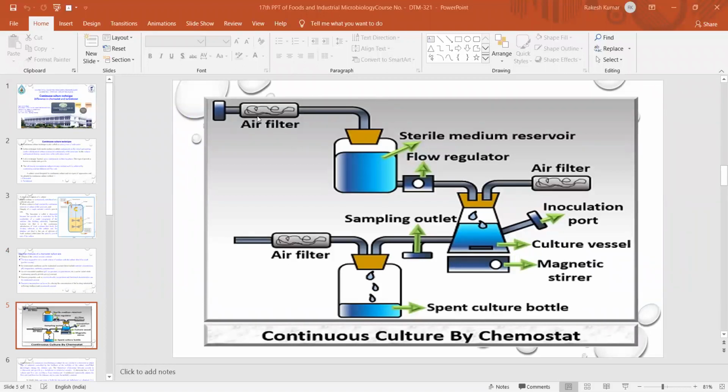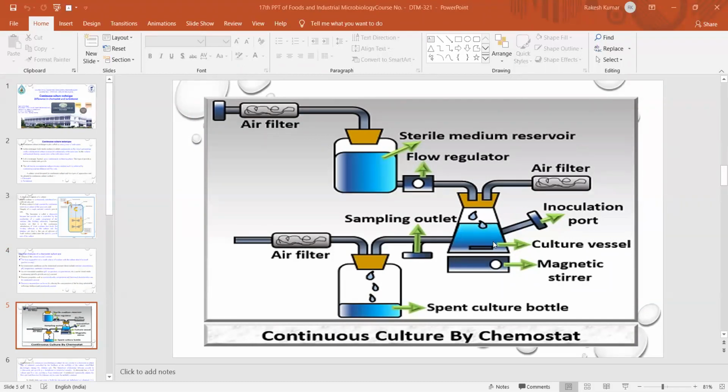So an air filter is there. Whatever air you are taking inside the chamber should be free from any sort of contaminating microorganisms. Sterile media is there. A flow regulator you have to use depending upon the information you are collecting. Then if you see the culture vessel, an inoculation port is there, and a magnetic stirrer is fitted in that machine.